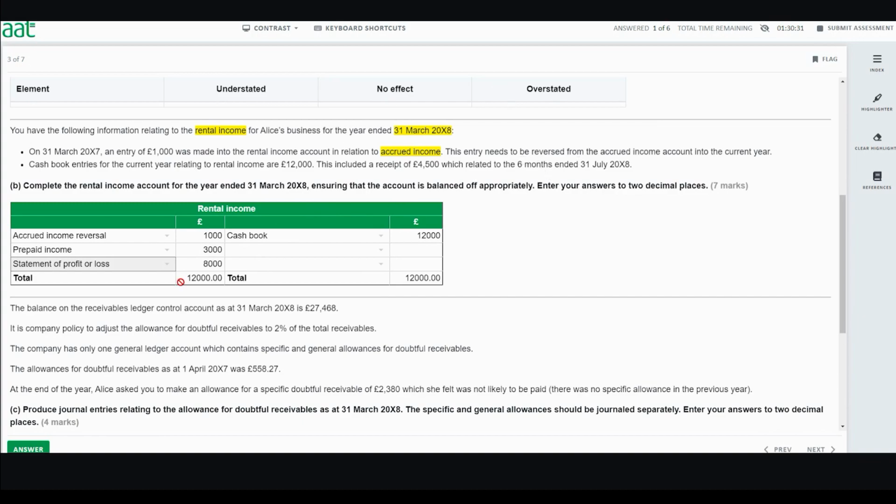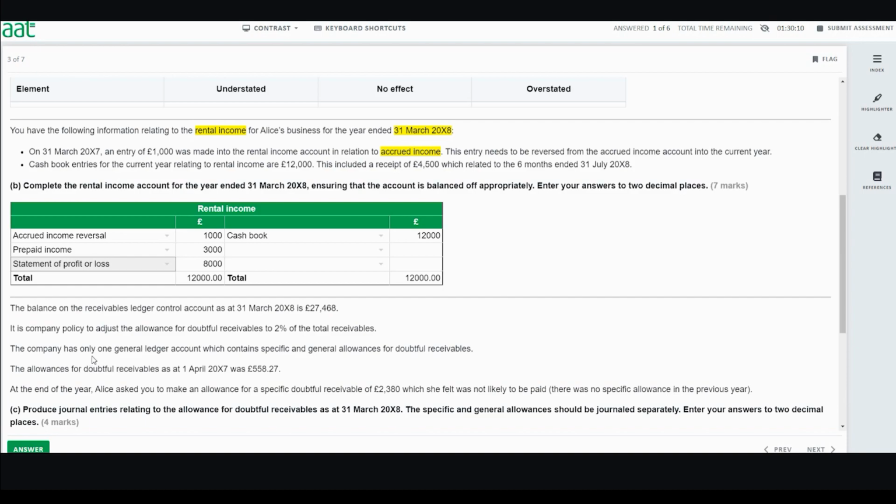Then it says the balance on the receivables ledger control at the 31st of March 2018 is $27,468. It is company policy to adjust the allowance for doubtful receivables to 2% of the total receivables.